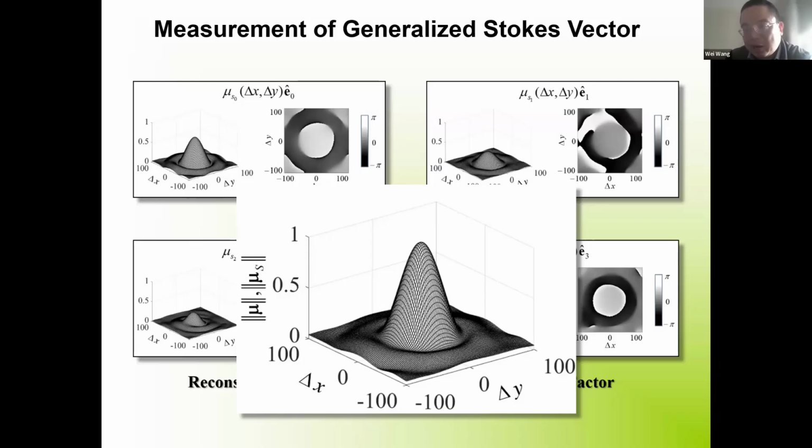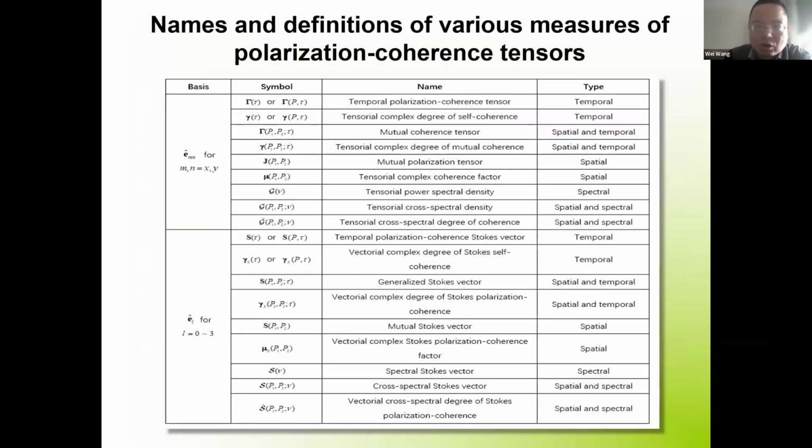In our experiment, our sample has a circular pattern, so after the Fourier transform we have the jinc pattern for this coherence distribution. As expected, the Frobenius norm of the tensorial complex degree of coherence has this typical Mexican hat, jinc structure.